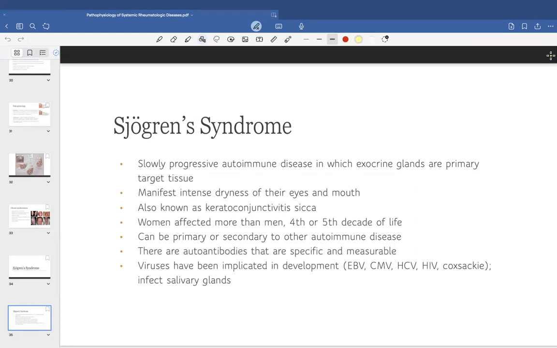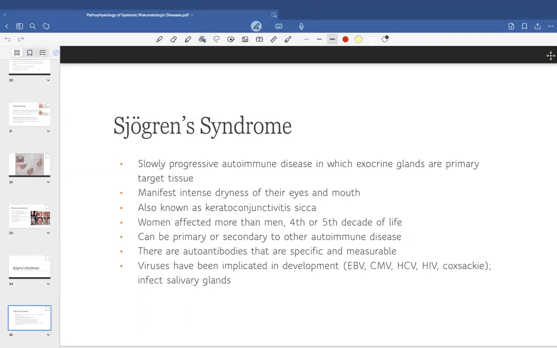The inflammation that results is what we call keratoconjunctivitis sicca. It affects women much more than men, usually in the 4th or 5th decades, 30s and 40s. It can be primary disease or it can be secondary to other autoimmune diseases. The autoantibodies are very specific and we can measure them.